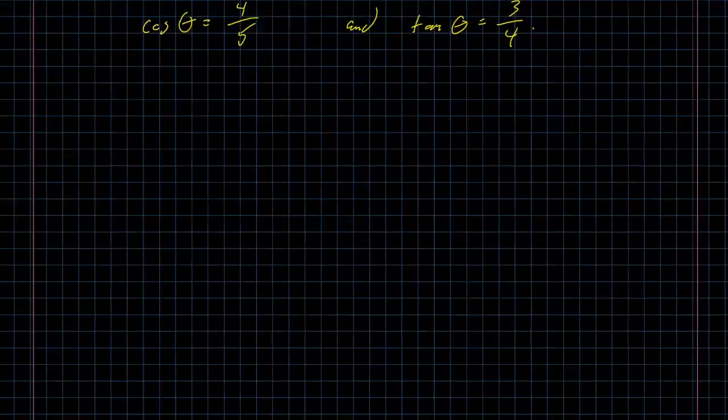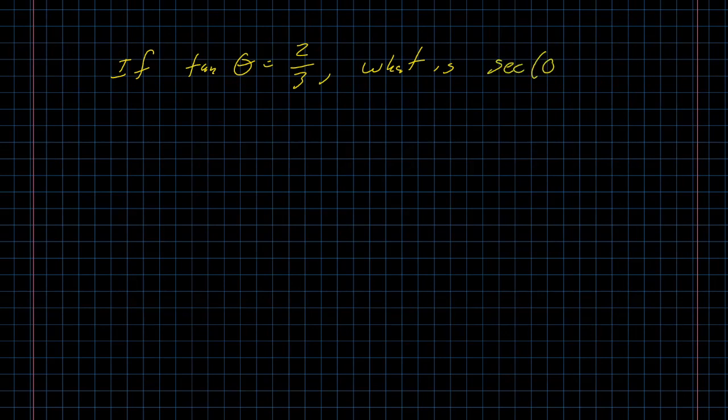Sometimes when we do this sort of thing, the numbers don't work out nearly so nicely. For example, if I know that the tangent of theta is 2/3, and I need to figure out the secant of theta, I can approach this problem the same way.